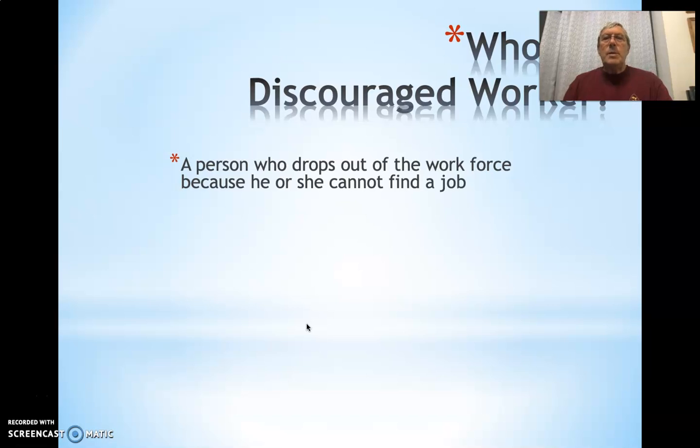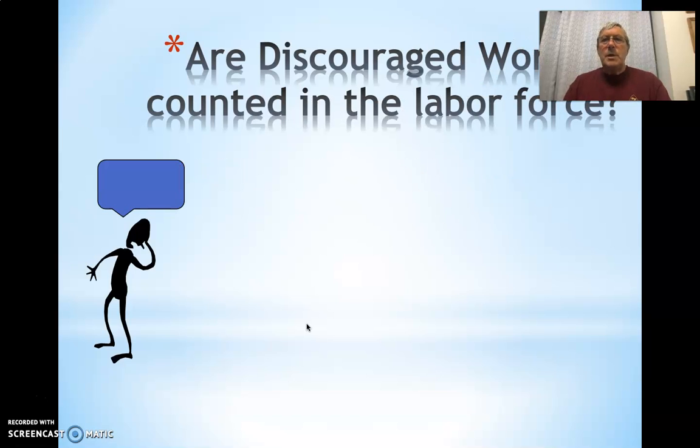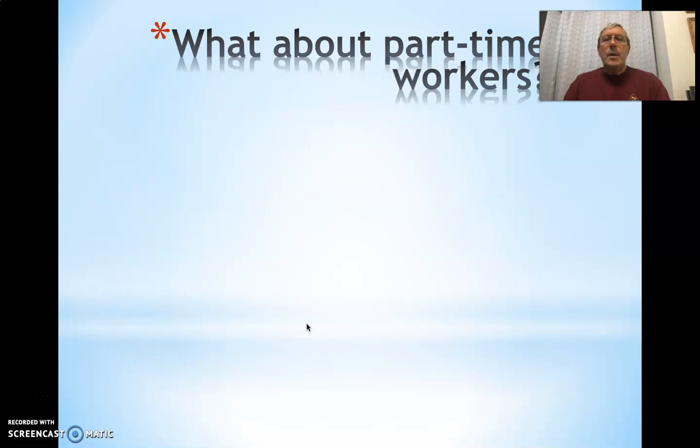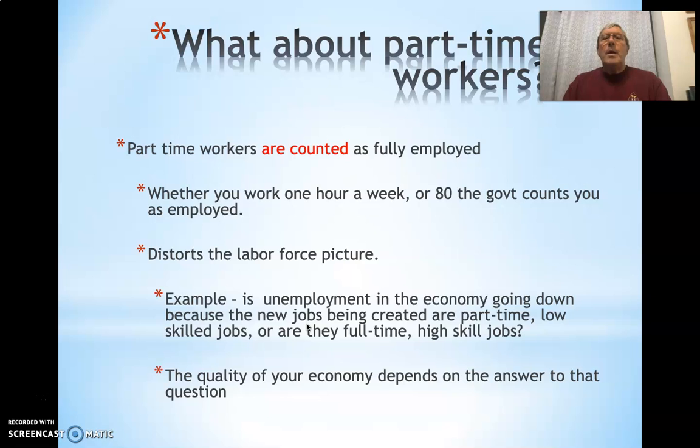Because this is such a big part of the labor force and it skews the data, we spend a lot of time focusing on that and whether or not they're counted. So we know that they're not, and what we need to do is focus on part-timers as one part of this category. Part-timers are counted.